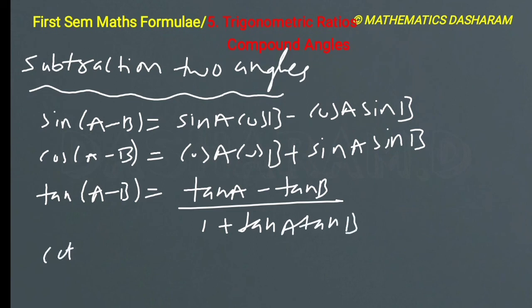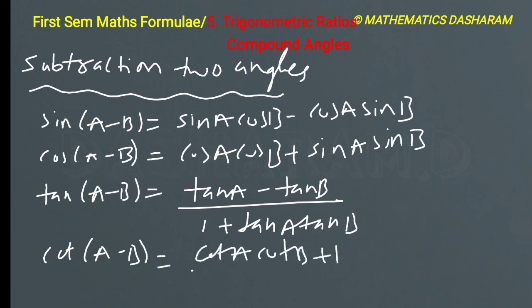cot(A minus B) equals (cot A into cot B plus 1) divided by (cot B minus cot A).